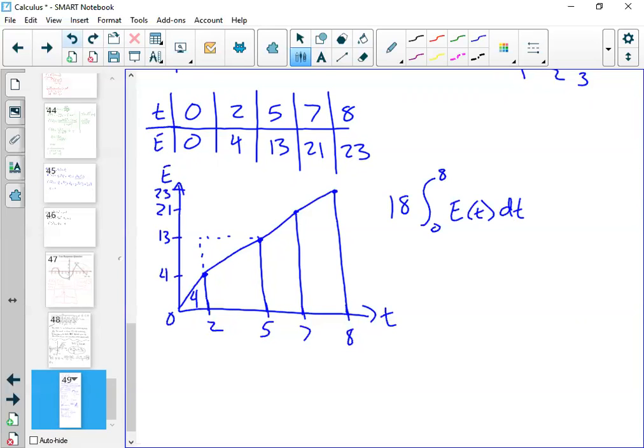If you go up 5, you get 9 from 4. If you go down 5 from 13, you get 8. So this is going to be 8.5 times 3, which is 25.5. And then this one is going to be, our spacing here is 2 times the average value.